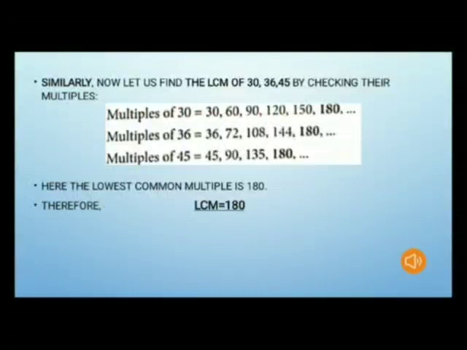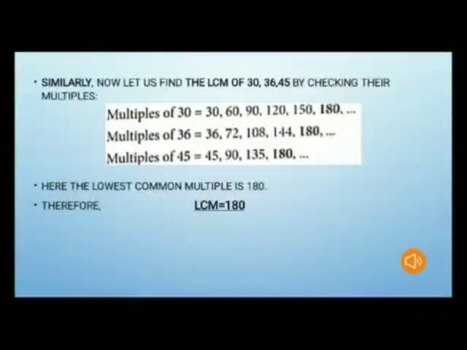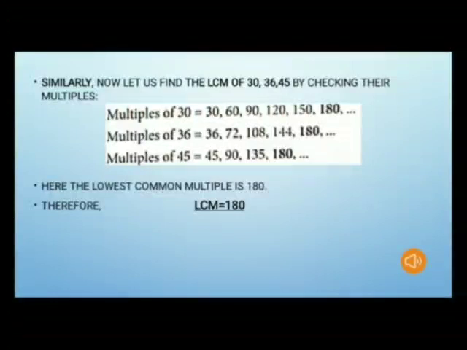Multiples of 36 are 36, 72, 108, 144, 180 and so on. Multiples of 45 are 45, 90, 135, 180 and so on. So you can see here, the lowest common multiple is 180. Therefore we will write LCM equals 180.